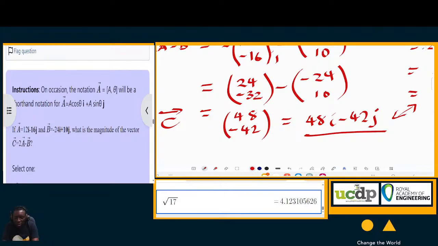So how do we find the magnitude of C now that we have C? We perform the Pythagoras theorem. Very good. Can we do that and see what answer we get?